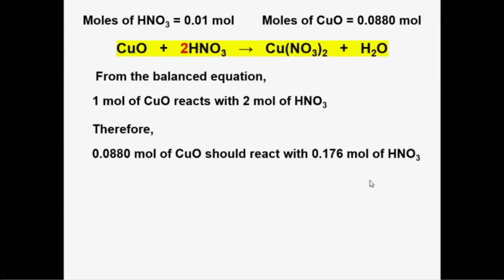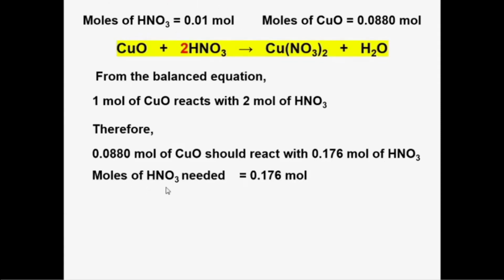And do we have this amount of moles of nitric acid? Let's look back at the moles of nitric acid that we have. We have 0.01 mole of nitric acid.